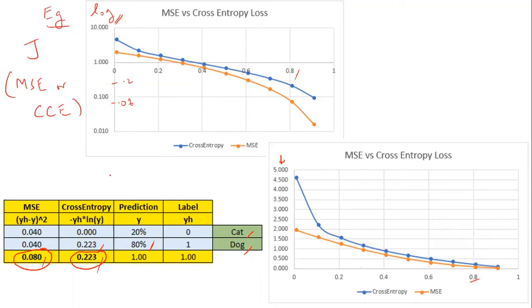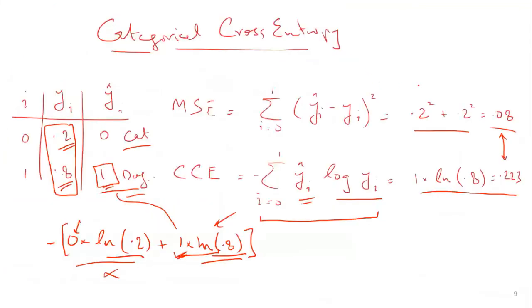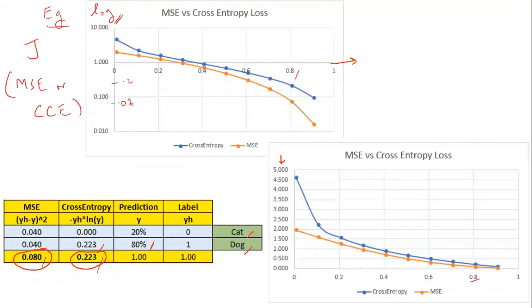Okay. The log scale is a little bit more useful to see. So if you look at this on the horizontal axis, I'm specifying this particular value over here. Okay, because this is the only value that counts, 0.8. The rest of them are going to be multiplied by 0, as we've already seen. Okay, so I'm plotting the value of the predicted value for the right category.